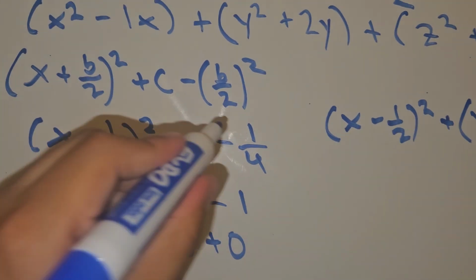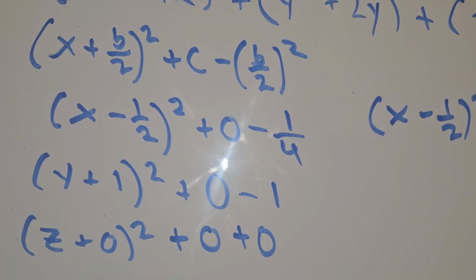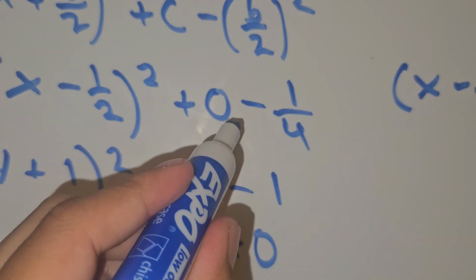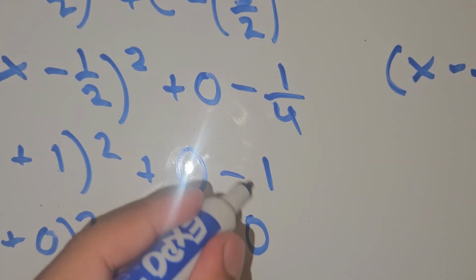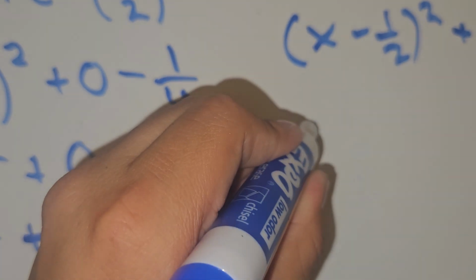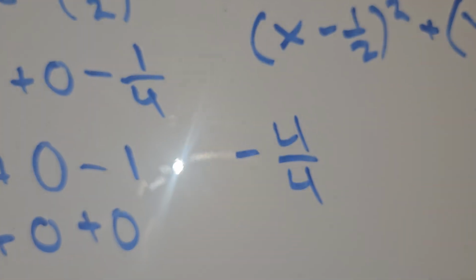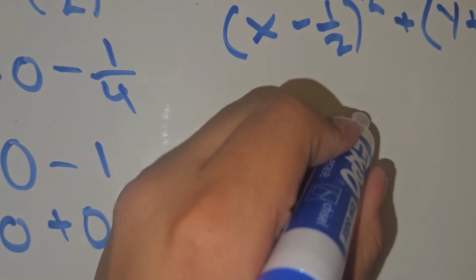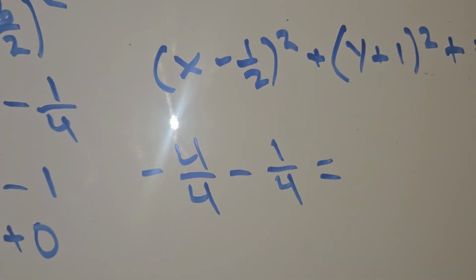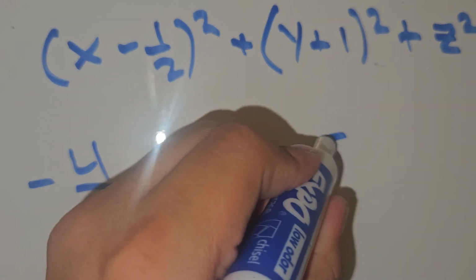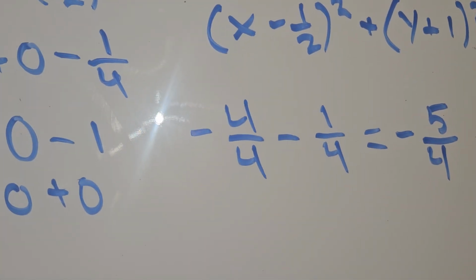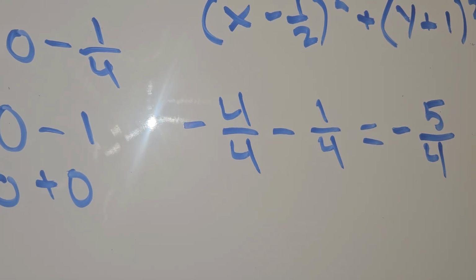Now let's go ahead and add this stuff. Negative 1/4 minus 1. Let's do some math. Negative 4 over 4 minus 1/4 equals negative 5 over 4. Did I do that right? Negative 5 over 4.